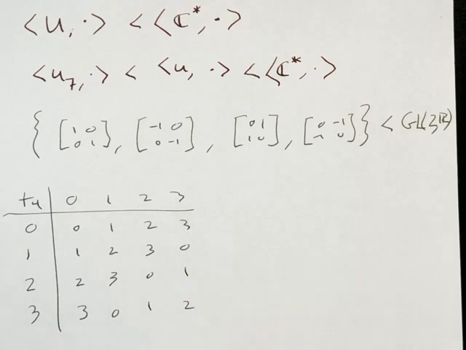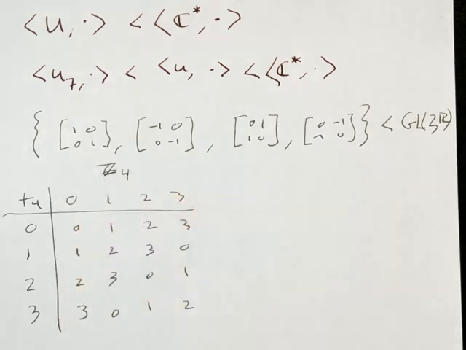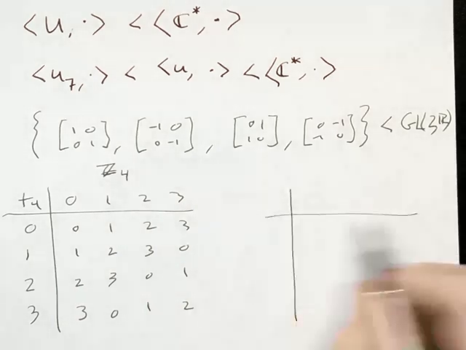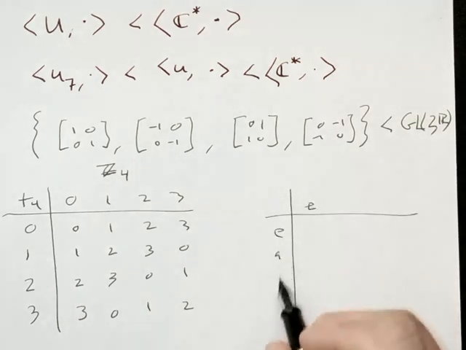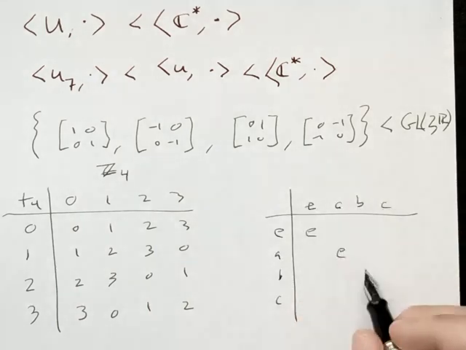This is the one, E, B, E, B. The other had E's all the way down the diagonal.